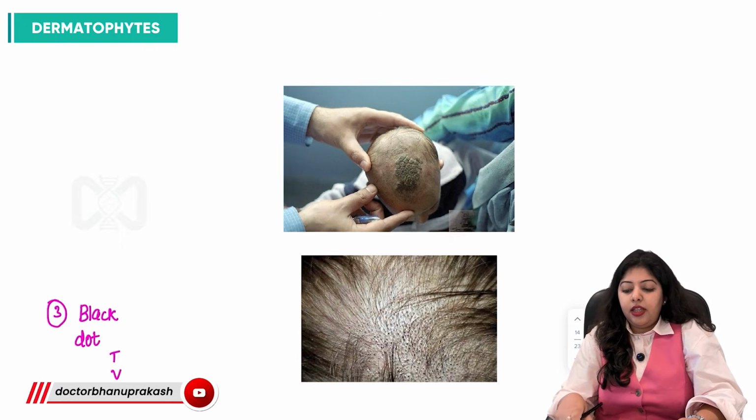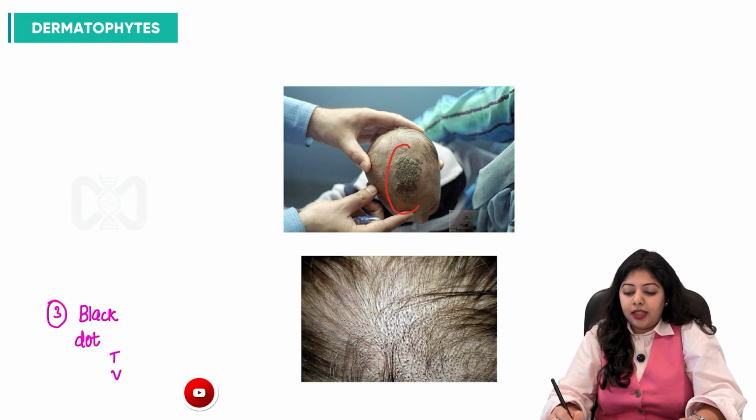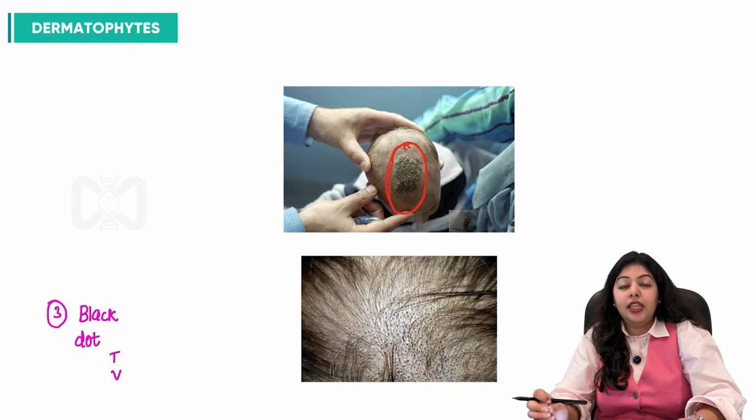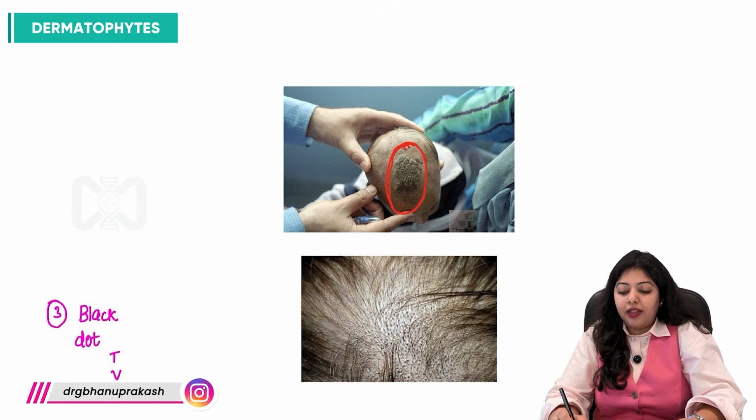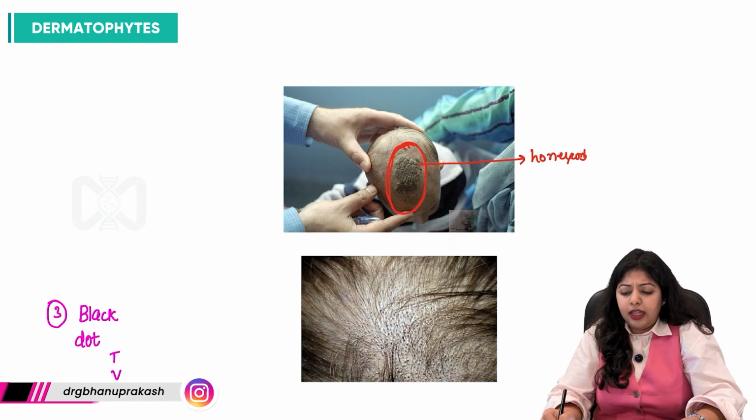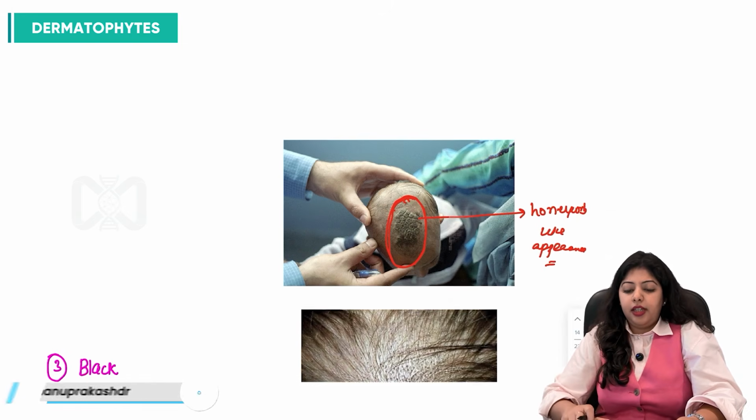And let us see what this Favus looks like. This is the type of crust which is formed over the scalp area. Cup-like crust, very thick in nature, and they form a somewhat honeycomb-like appearance. And of course, this is also a type of inflammatory reaction.